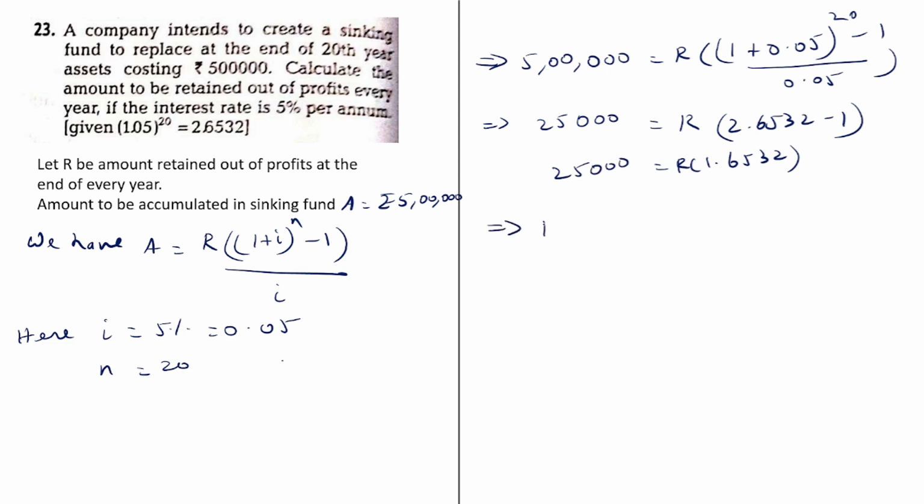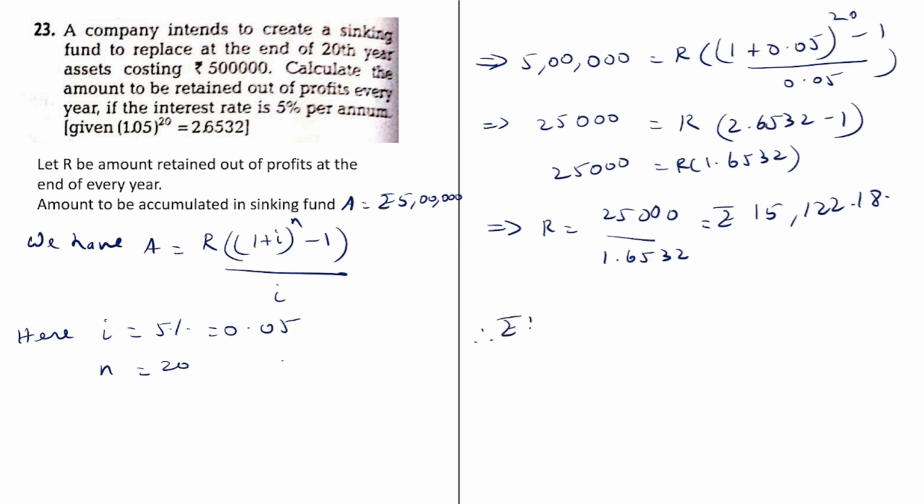So we will get R as 25,000 upon 1.6532. Now when we simplify, we will get it as rupees 15,122.18.